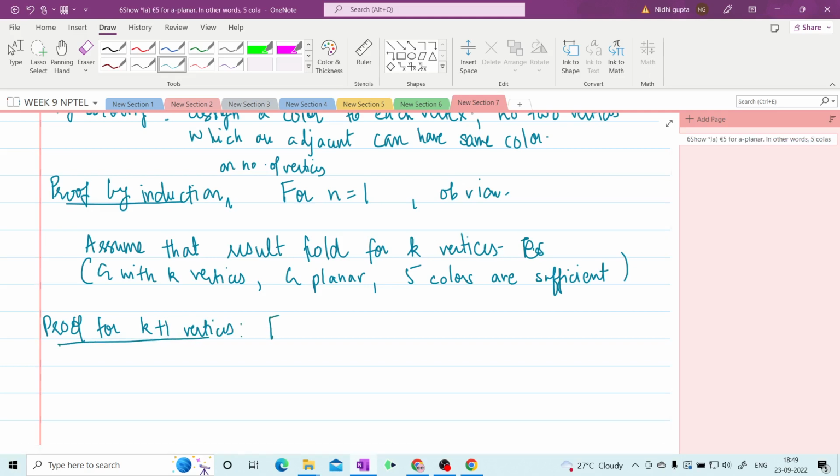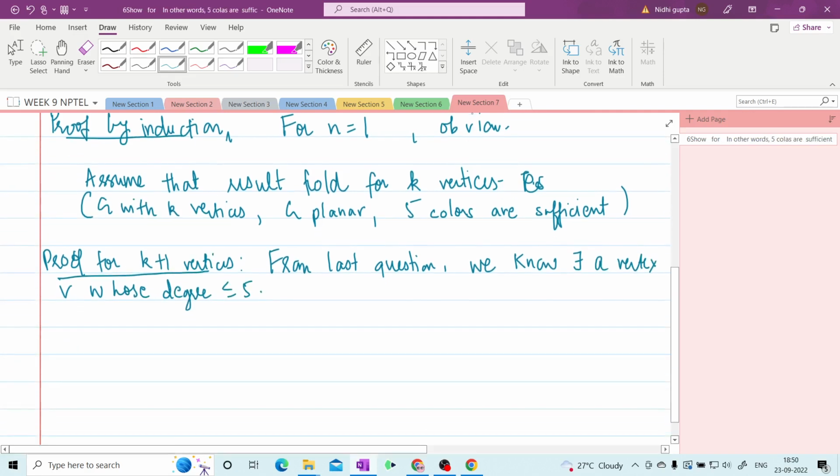From the last question, we know there exists a vertex V whose degree is less than or equal to 5. We just showed it.